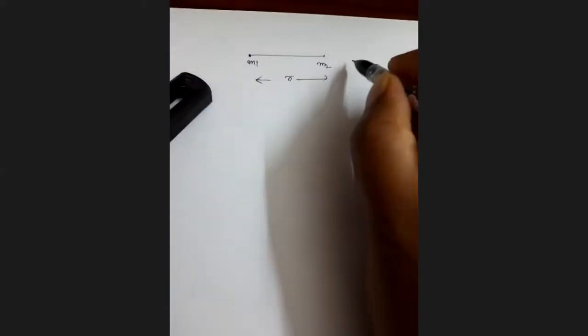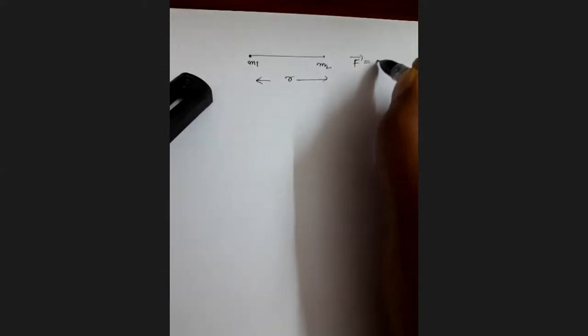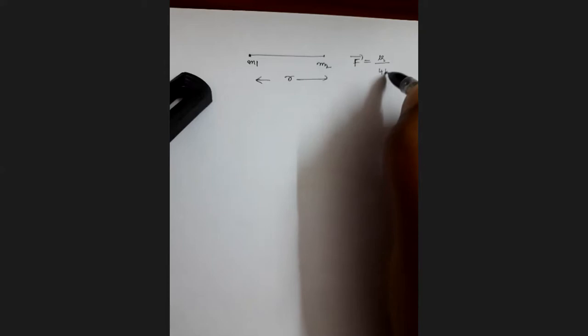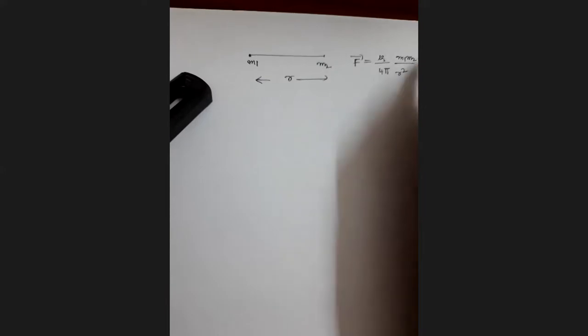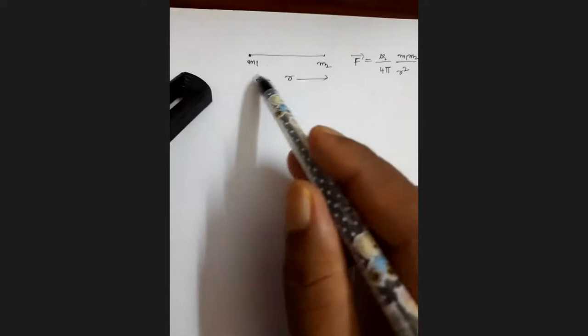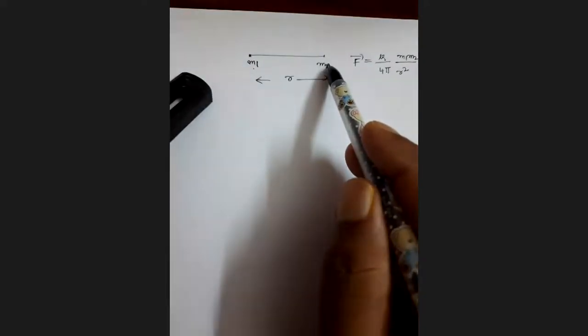Then we write F bar is equal to mu naught by 4 pi M1 M2 by R square into R cap, where R cap is the unit vector along R bar. Here the force M1 exerts on M2. Similarly, M2 exerts a force on M1.